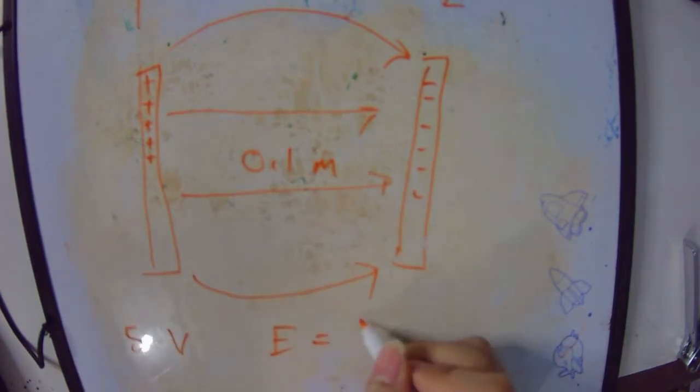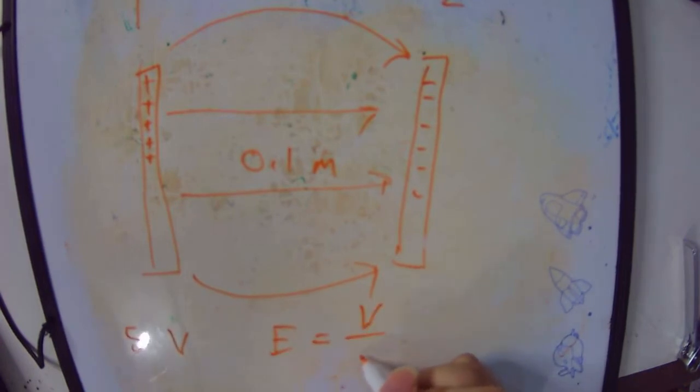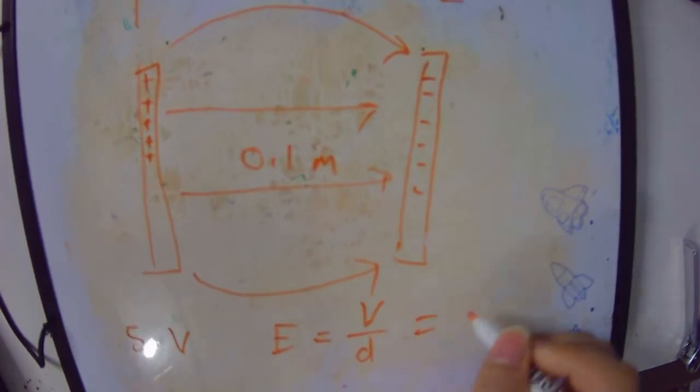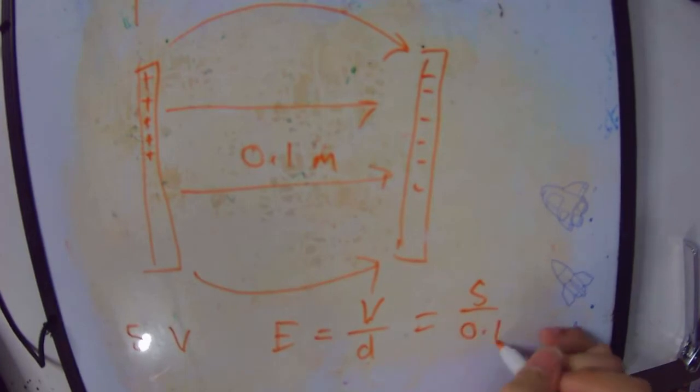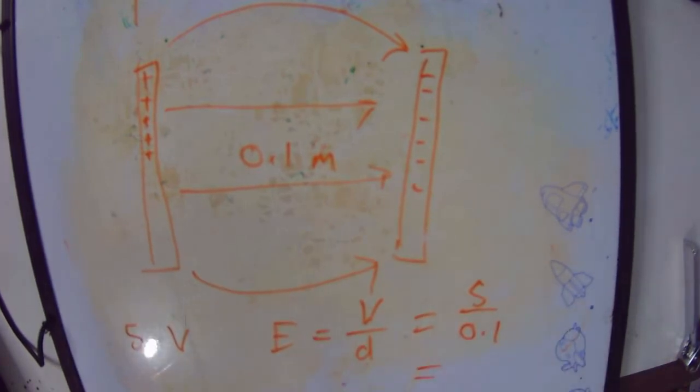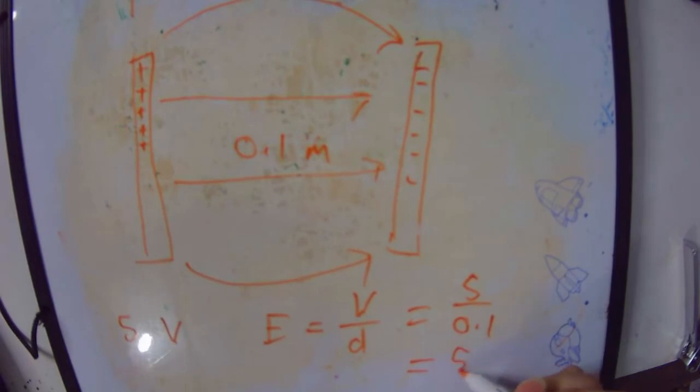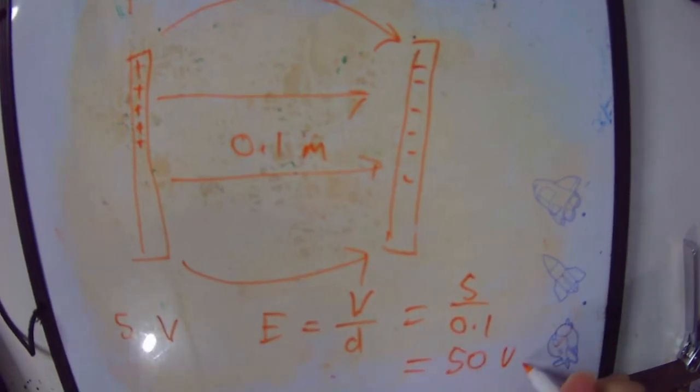Then remember E equals V over D. 5 over 0.1. So we get an electric field of 50 volts per meter. That's the strength of the electric field.